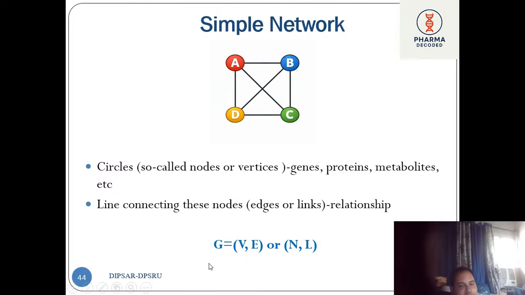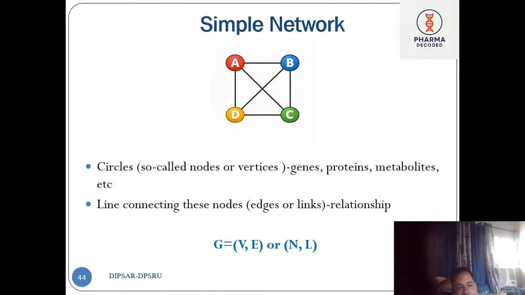As we have discussed, these network techniques are based on graph theory, and a graph is a combination of vertices and edges. Vertices are nodes, and edges tell how these vertices are connecting with each other, or you can call them nodes and links. Are you getting my point? So this is just a simple network.